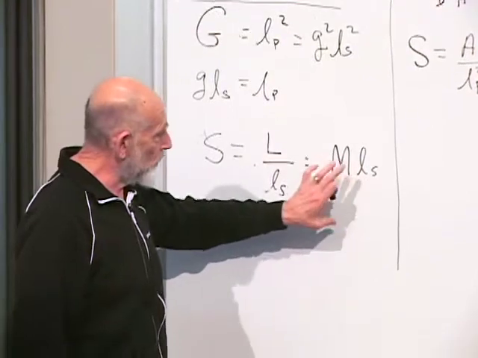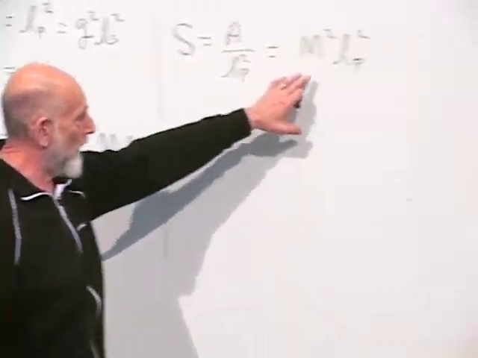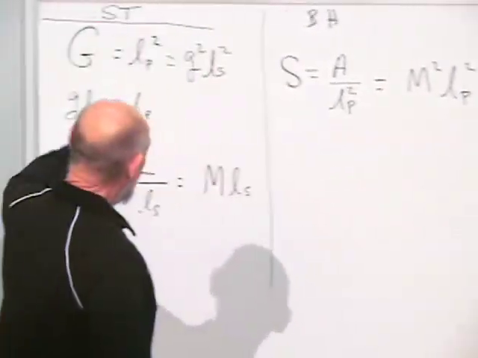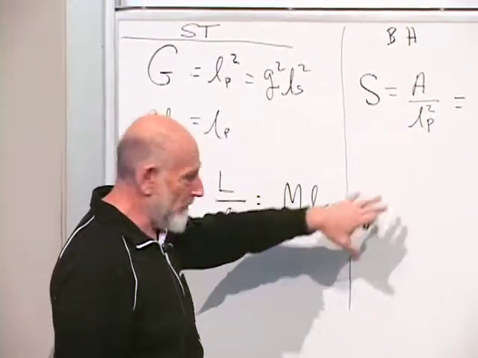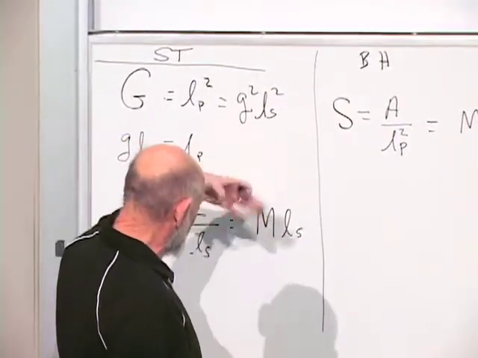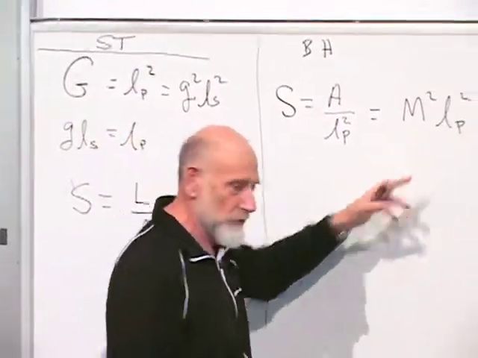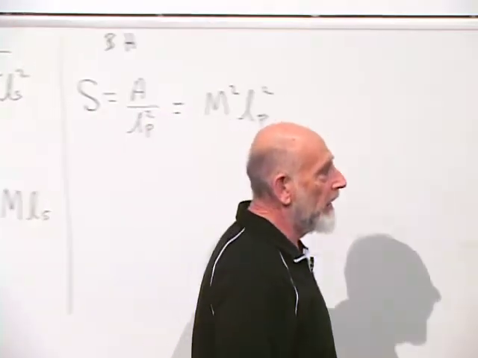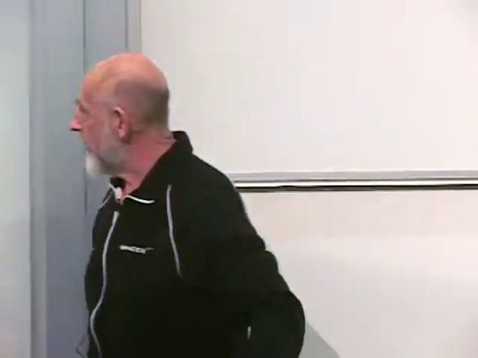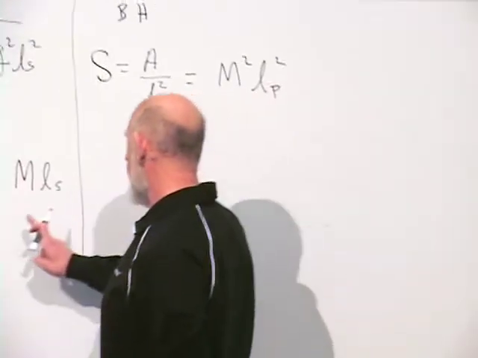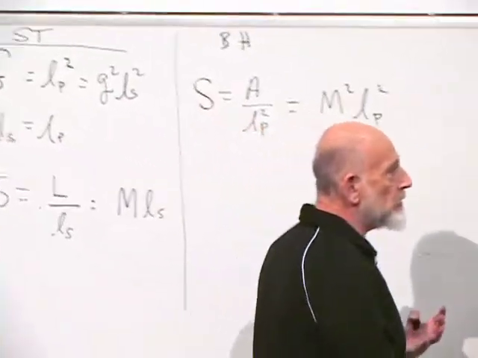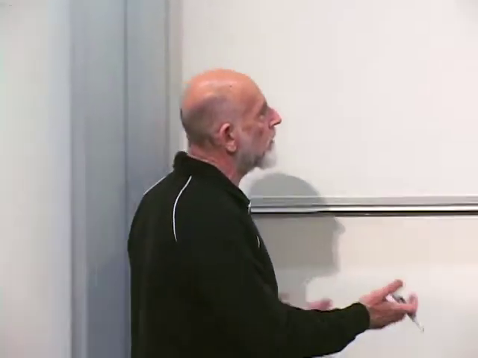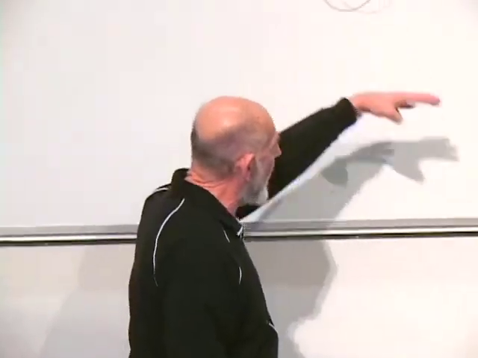That's what we're going to try to do. Use this fact to prove this fact. Now, you can't take these equations, start plugging them in, and go from here to here. It's the wrong idea. And we'll see why. Okay, so that's the goal, to prove this, using this, and using this idea that we can go back and forth from strings to black holes by turning on and off the coupling constant.